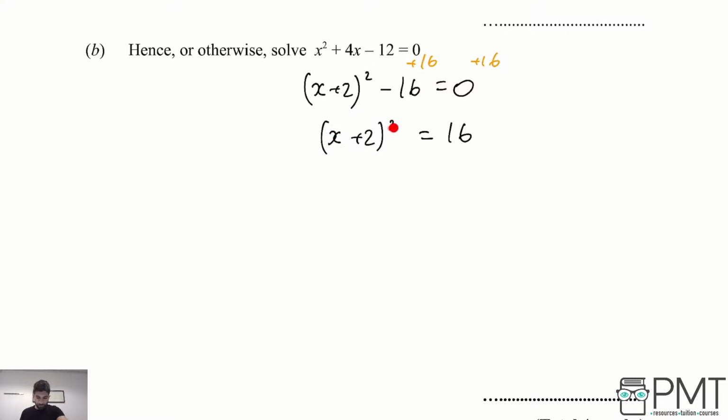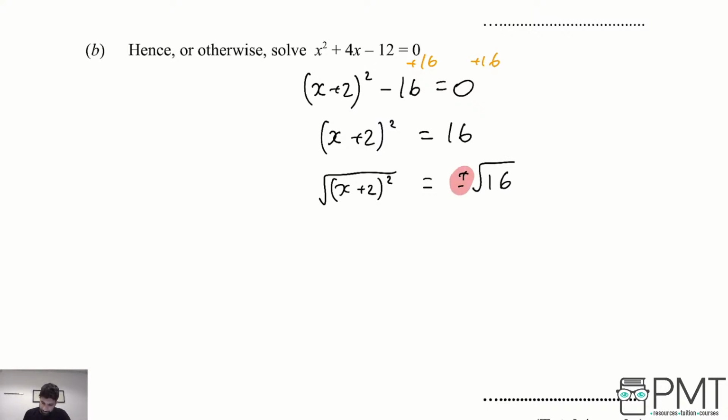Somehow we need to get rid of the square. Think of always the opposite or reverse operation. So to get rid of the minus 16, we added 16. To remove the square, you would need to square root both sides. So square rooting x plus 2 squared, on the other side you need plus minus square root of 16.